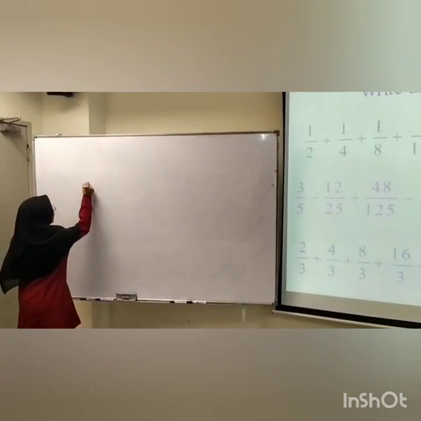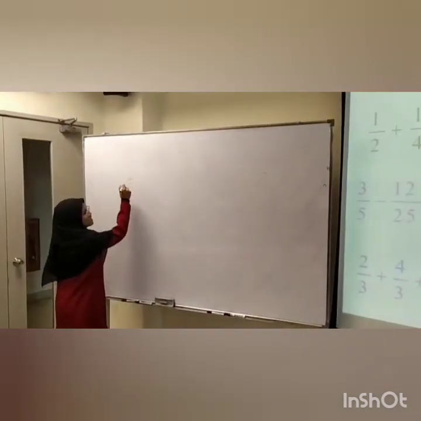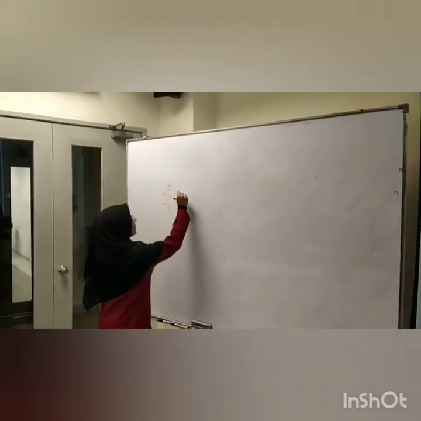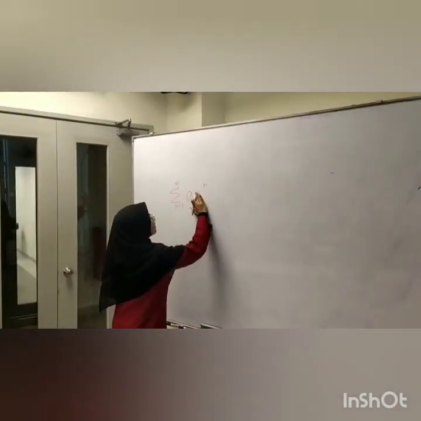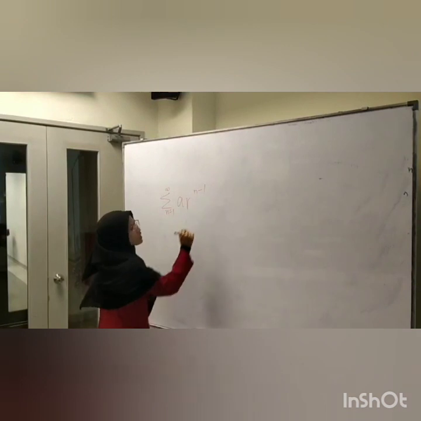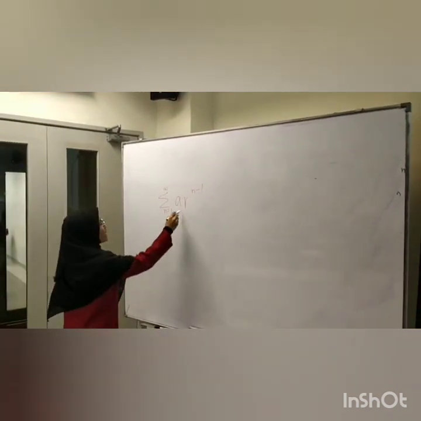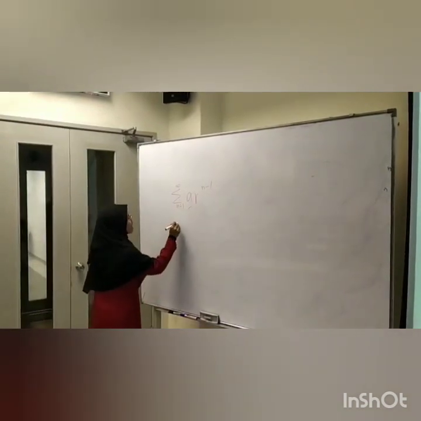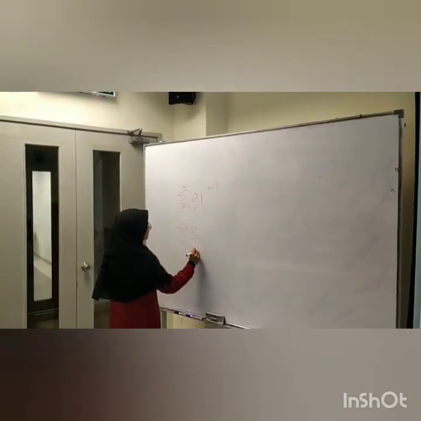I think like this, like for 1. ar^(n-1). So for the formula we need to find a, right? Yes. So a is 3 over 5.